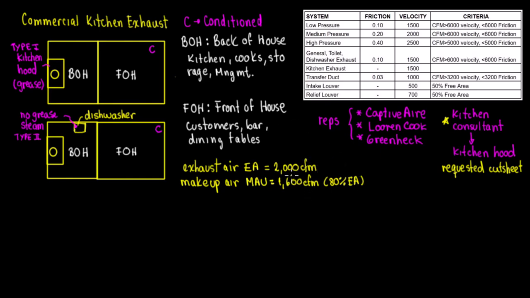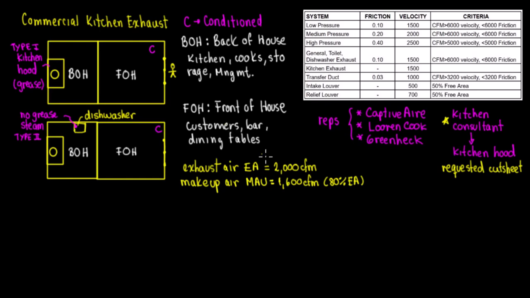Because if you don't have a makeup air unit, this is going to be like a vacuum. If you have the door in here, the clients want to go in, but this is closed right now. The client is going to try to open the door, and it's going to be hard for him to open it because this building is in a vacuum.